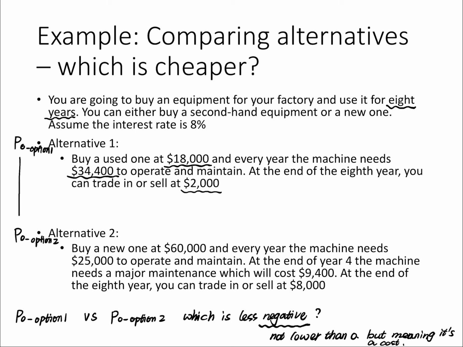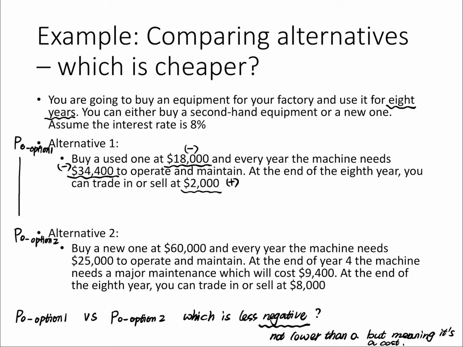At the end of the year, you can trade in or sell at 2,000. So the 18,000 is the cost, so it's money going out, and this 34,400 is also a cost, so it's negative, and the 2,000 is something positive. That's just the symbol we use for accounting. Negative means it's a payment, positive means it's a receiving. Okay, and that's option 1.